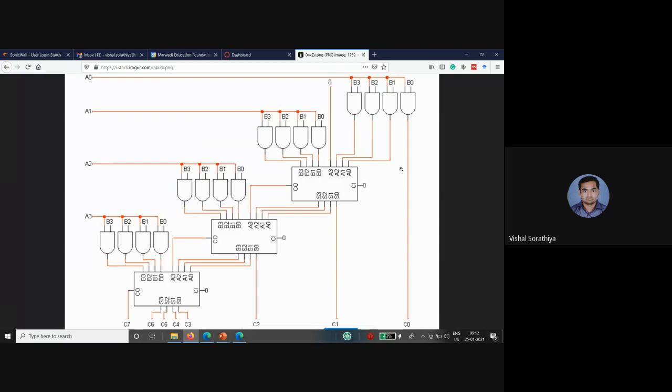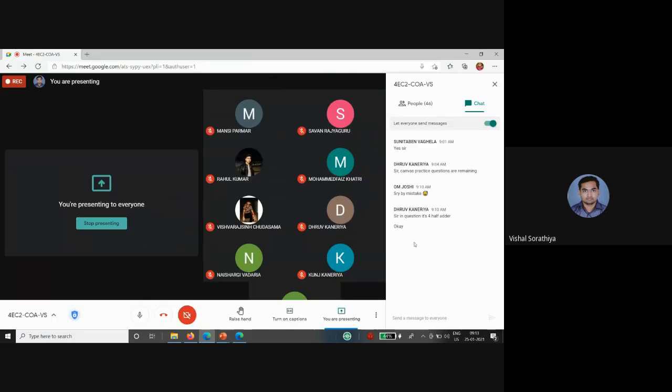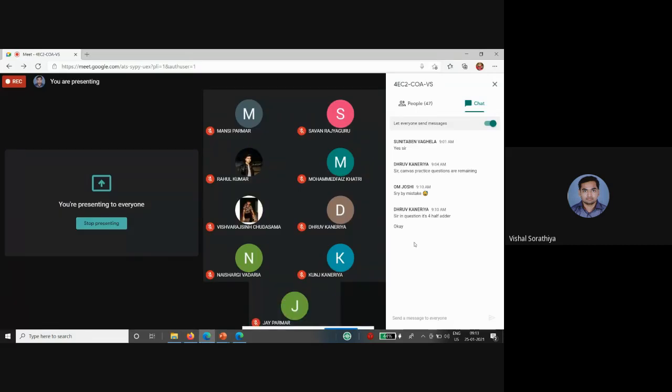Can anybody tell me, when you are going to multiply binary numbers, what would be the process? Hello, by opening the mic, can you tell me how you can multiply the 4-bit binary numbers so we can get the answer from that? Please open your mic and tell me how you can do a 4-bit multiplication. Do you know the process?